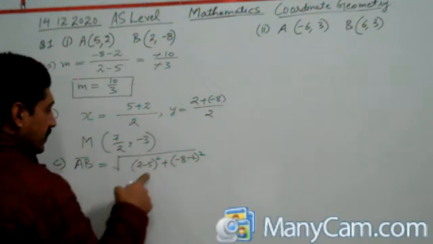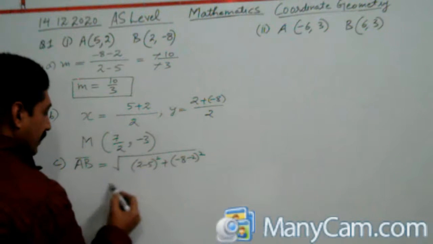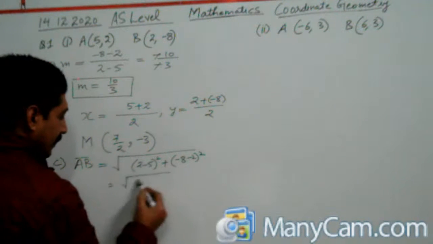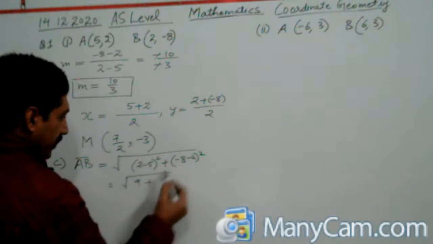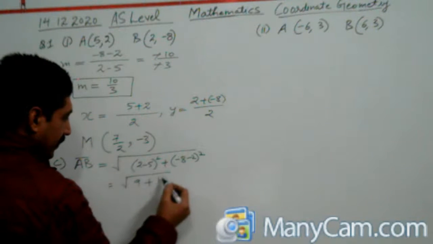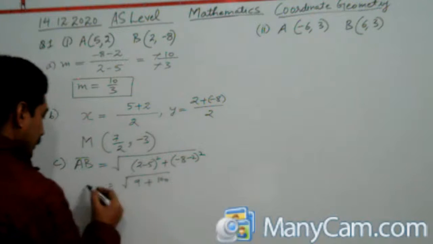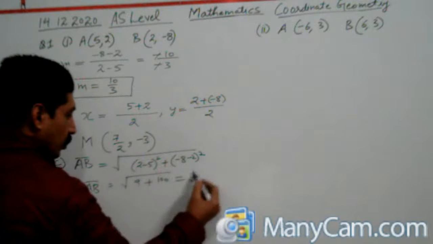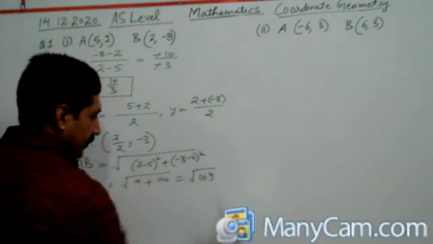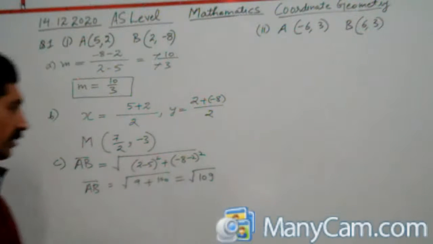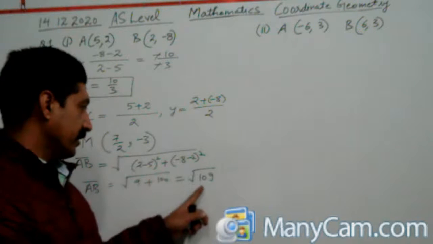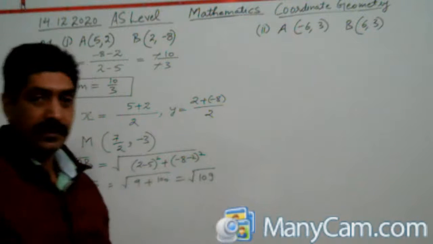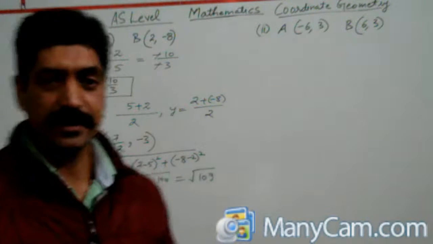So here is 3 whole square, that is 9, and here 10 whole square, that is 100. So AB is equal to under root 109, right? So it is near about 10 something, because 10 square is 100.